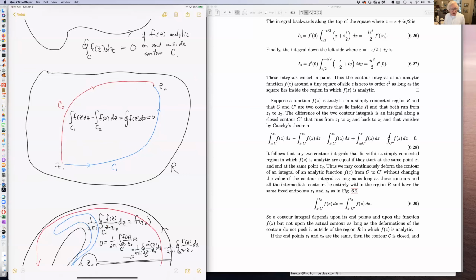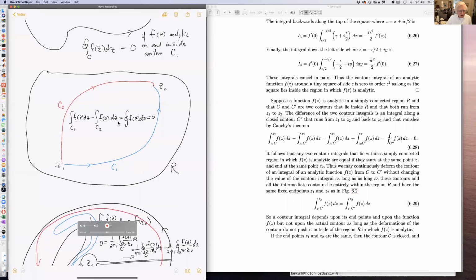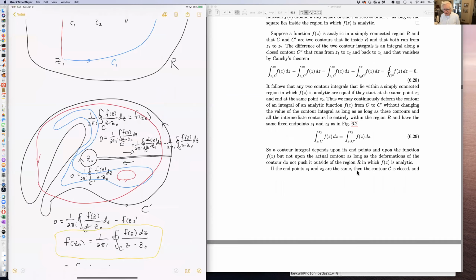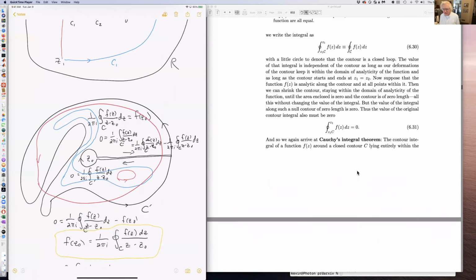So you can have any old contour. You can go like this, you can go like that. You can start here and zip around in a stupid way and then go here and it'll still be the same number. The actual value of the integral will be the same. And that's Cauchy's integral theorem.